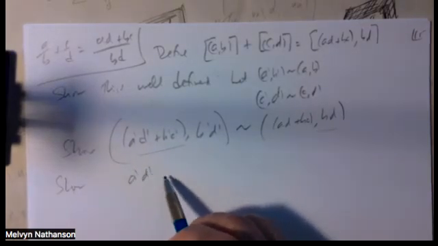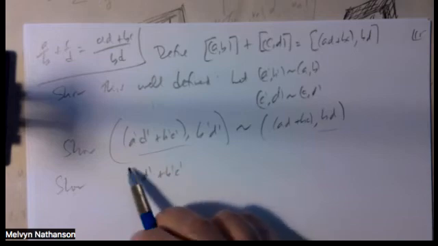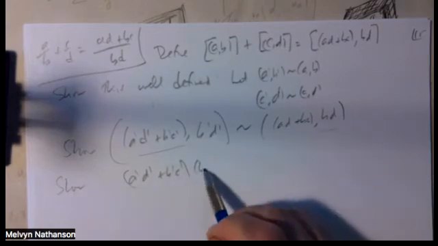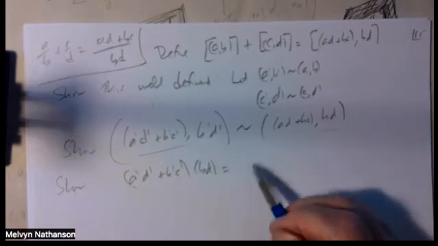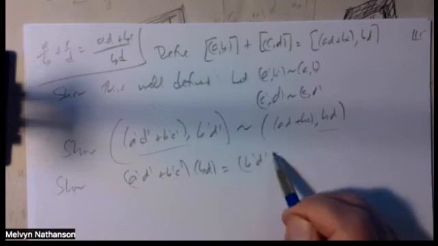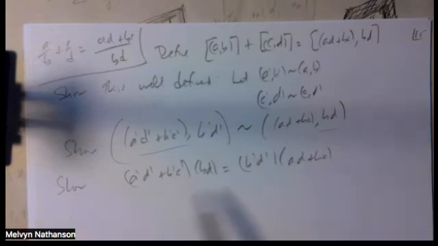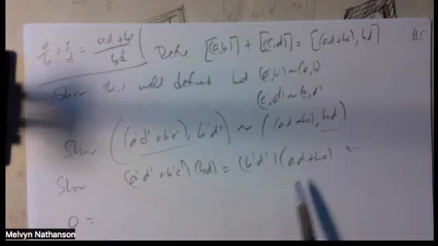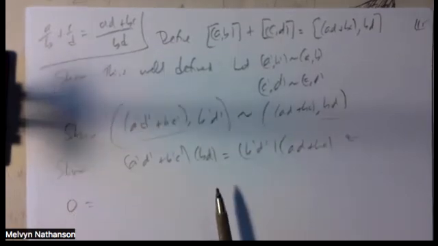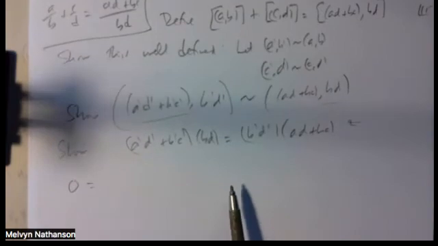So the only way to do that is to show this times this, A prime D prime plus B prime C prime, times BD equals B prime D prime times AD plus BC. Or equivalently, that 0 is equal to the difference, this minus this. So let me see if I can work it out in one long equation.